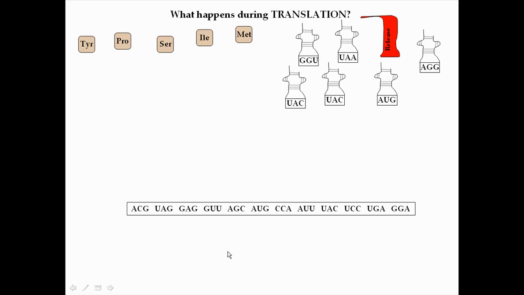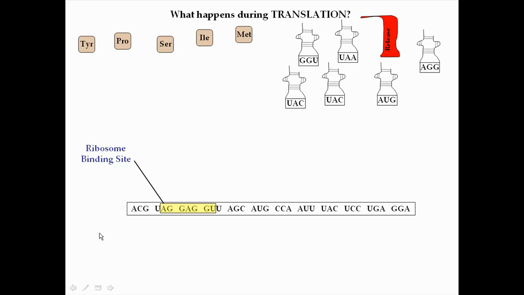It turns out that in order for translation to happen, the ribosome first has to bind to this messenger RNA. And there's a sequence on the messenger RNA that kind of directs the ribosome where to bind. So we'll highlight that sequence here. The sequence that tells the ribosome where to bind is called the ribosome binding site. And that's where the small subunit of the ribosome first binds.